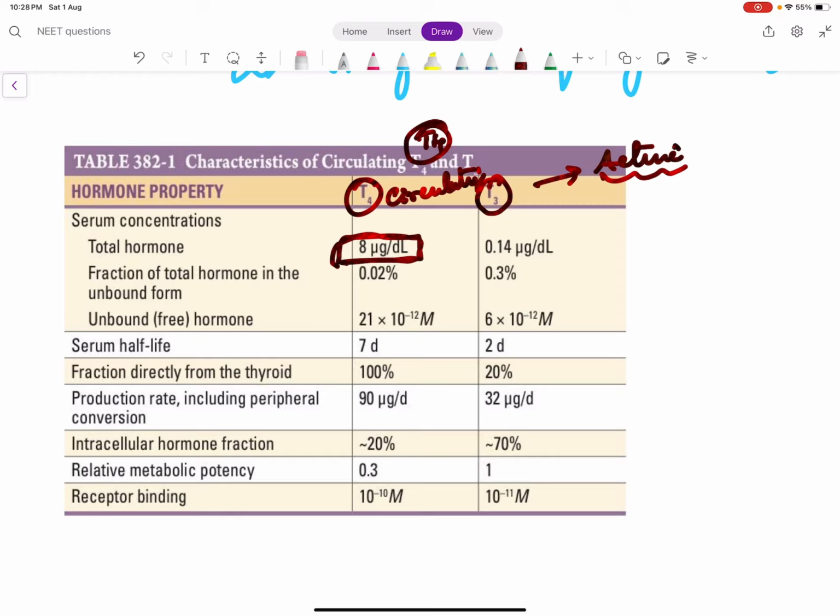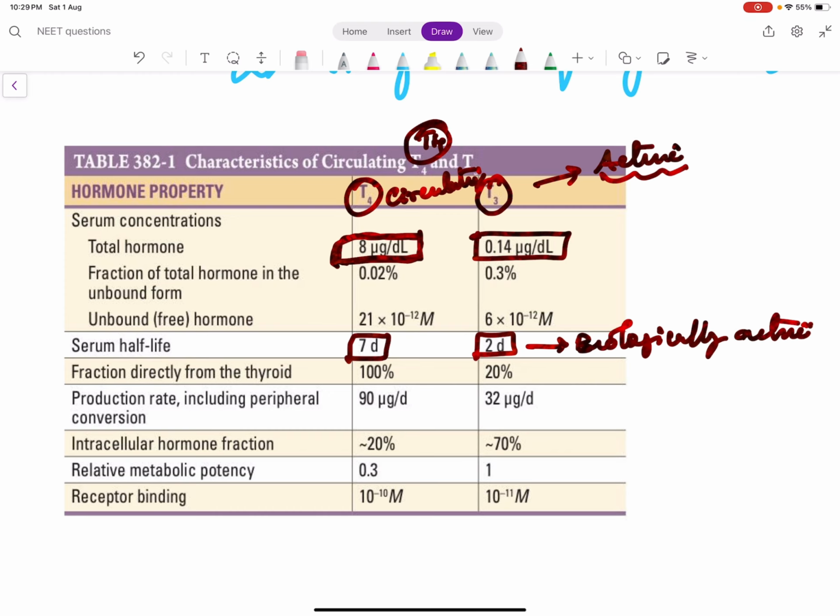So nowadays T3 is also coming as a drug. So T4 is the major circulating form, but T3 is the active form. T4 has a half-life of 7 days, but T3 has a very short half-life because it is biologically active. Okay, just remember this one.